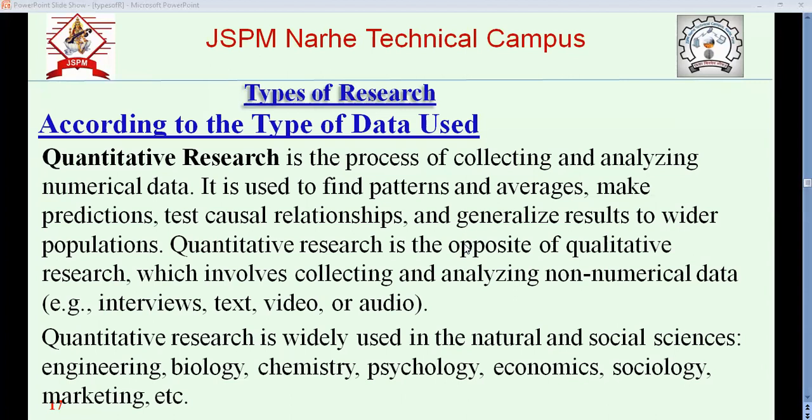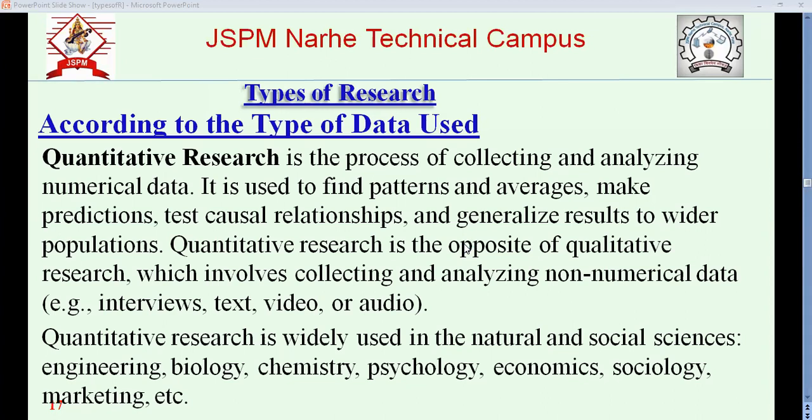Okay. As I mentioned, I have taken qualitative and quantitative research from different materials or references. People sometimes say they are opposite. But what I say is they are neither opposite nor similar, but they are complementary to each other.